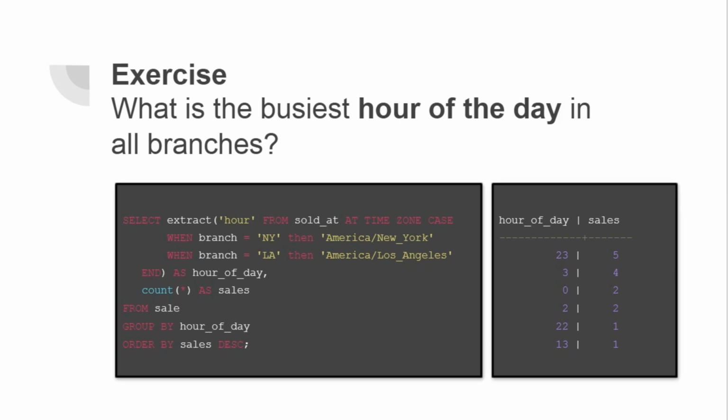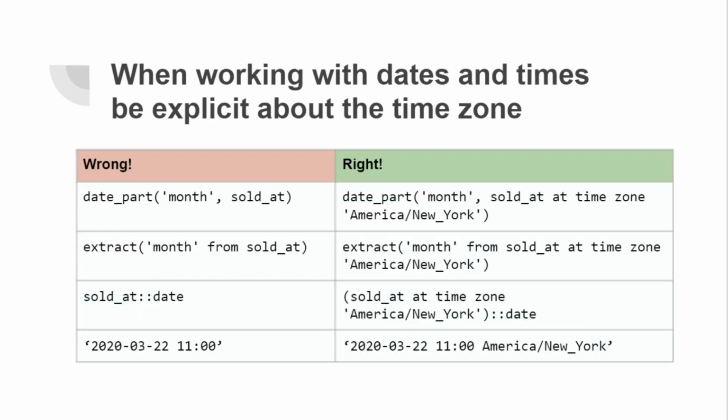So if I was the CEO and you brought me a report that says that the busiest time of the day is 10, and I hire more staff and man the phones and provide more support, but nobody comes, and then at 11 at night, I'm starting to get flooded with customers, I'm going to be pretty mad. So this is why it's so important to make sure that you always explicitly set the time zone when you are working with dates and times.